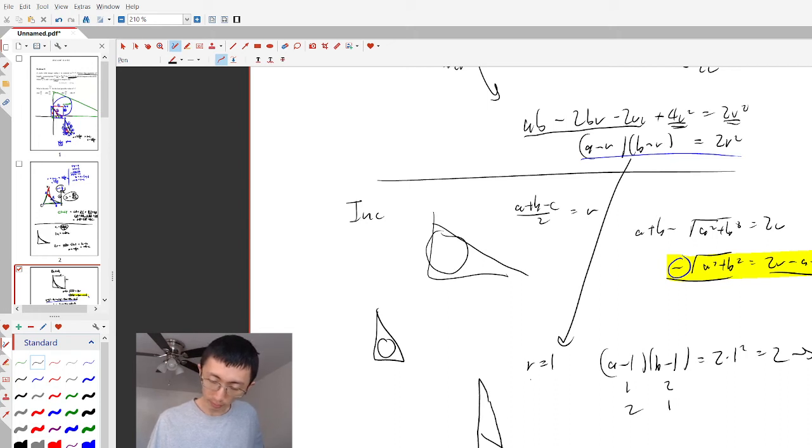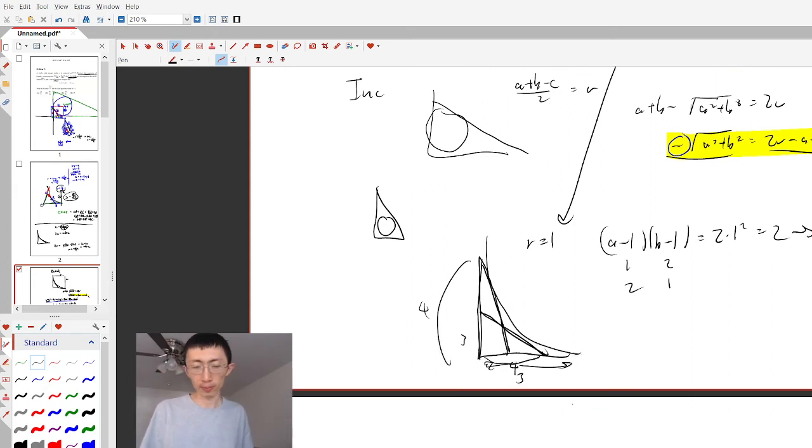So you could have both of these work. Maybe this is a 4 by 3, and maybe this is a 4 by 3 that way. So both hypotenuses are 5, but these are distinct line segments for the hypotenuse. So they count as different values for the 14 values of C that the problem mentions.